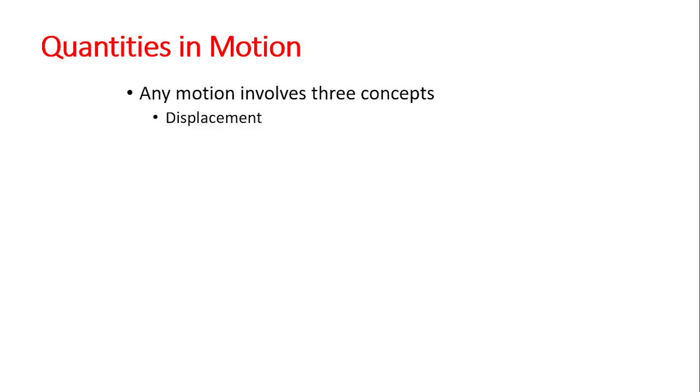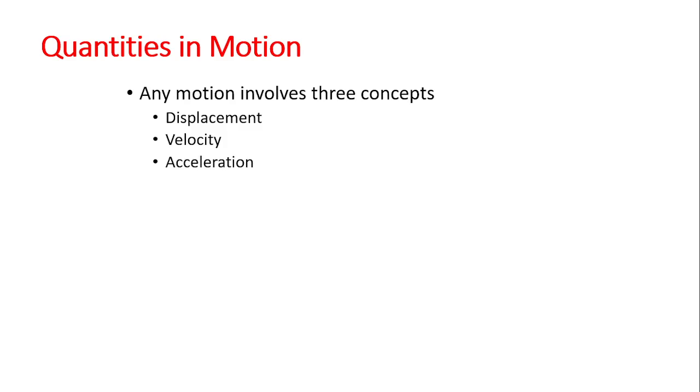The second quantity which every motion has is velocity. The first thing was displacement. Then the other thing which everything in motion has is velocity. Then the last one is acceleration.